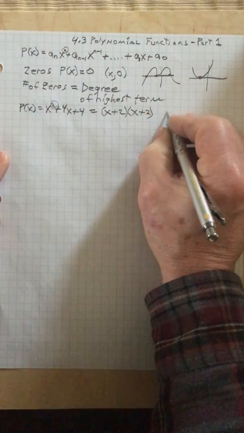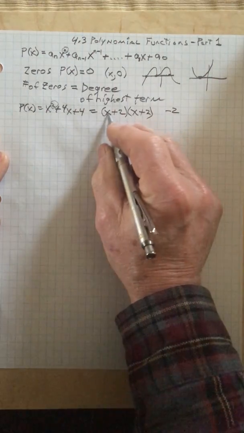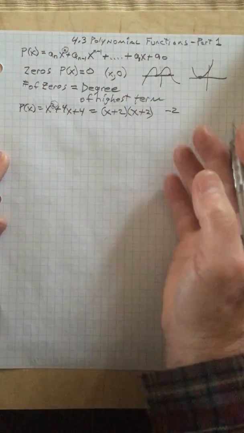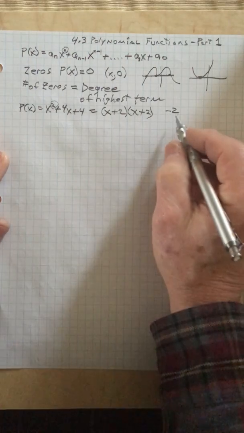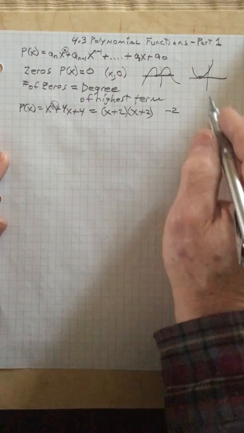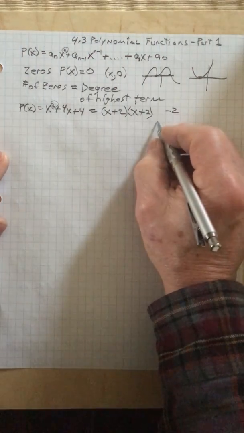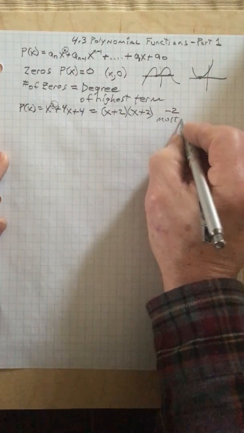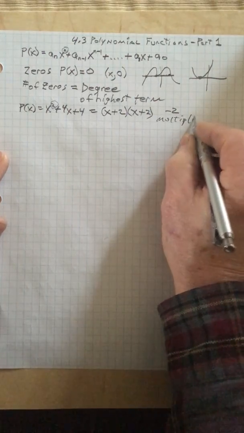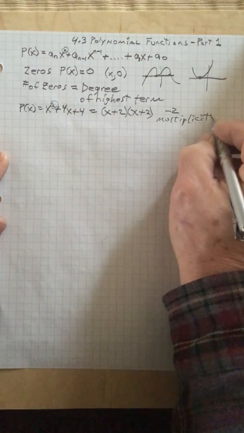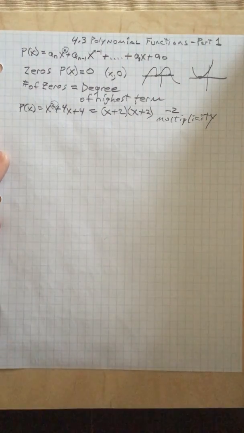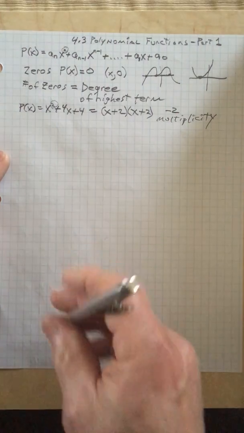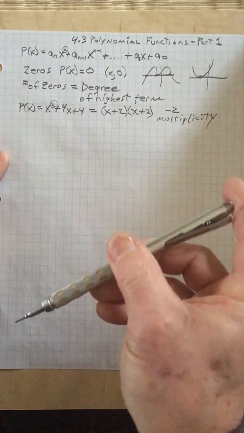So it looks like you have 1 root, minus 2, but it appears twice, so the terminology they use for that in this case would be multiplicity of 2. So a root can have a multiplicity. Multiplicity of 3, it would occur 3 times. Multiplicity of 4, 4 times, and so on. If it only occurs once, then we don't use a special name for it.